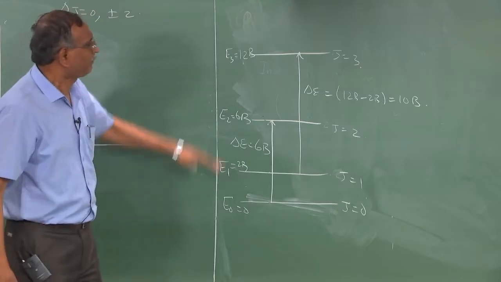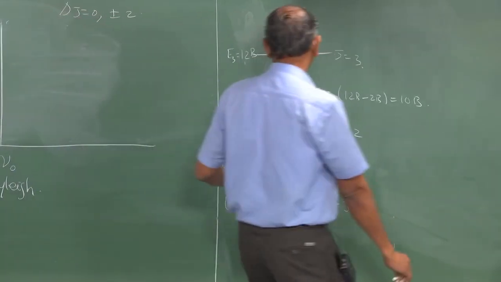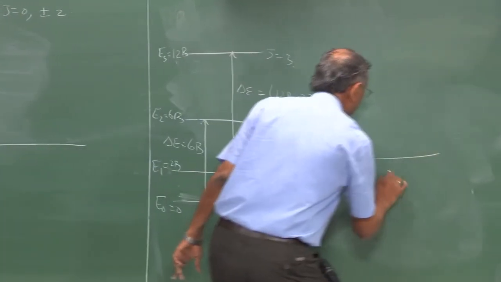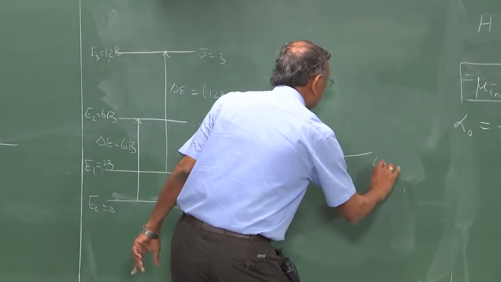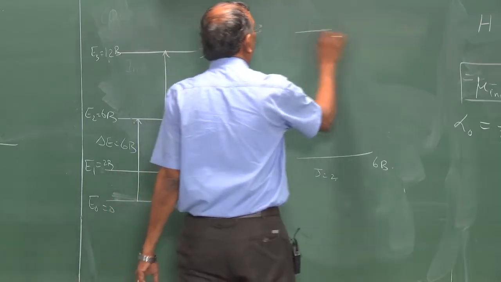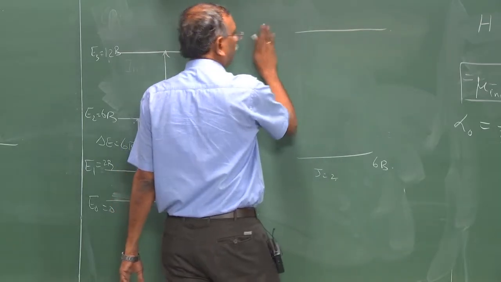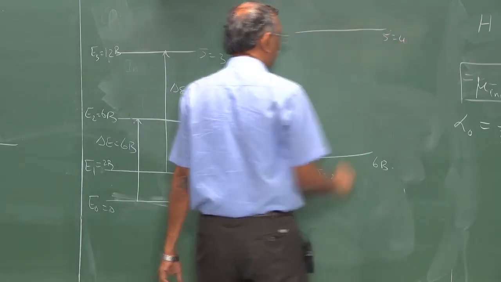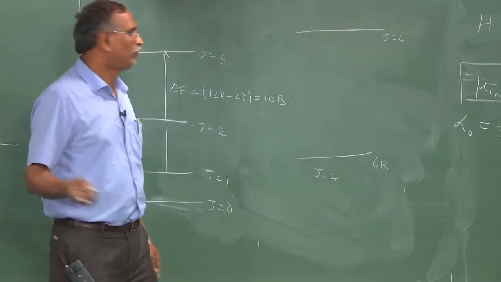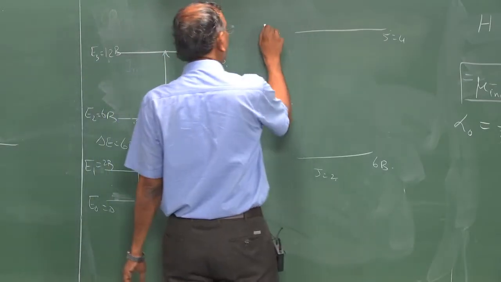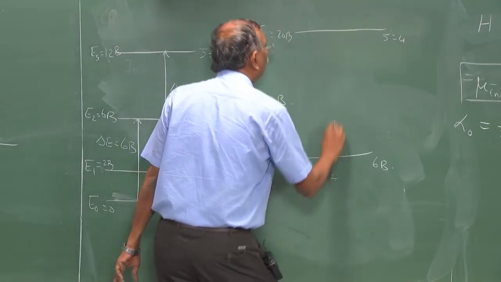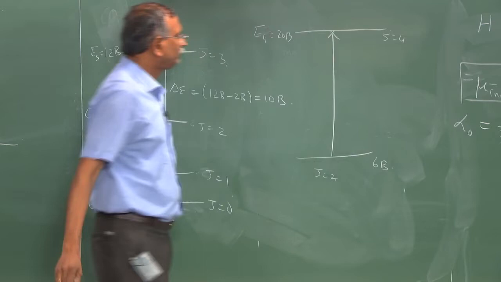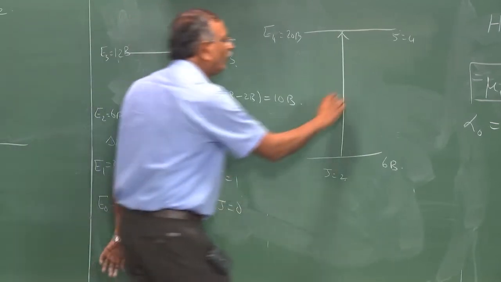What's the next one? Let us draw J is equal to 2 here, and that's 6B, and the next let us draw J is equal to 4. J is equal to 4: 4 into 5, so it is 20B. The gap between J equal to 2 and 4 is now 14B.